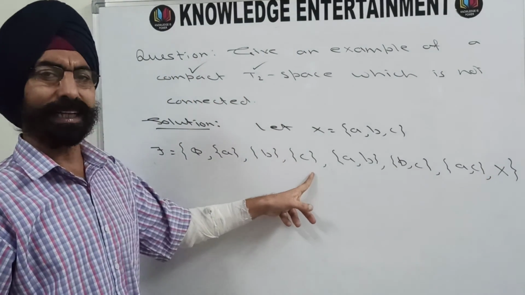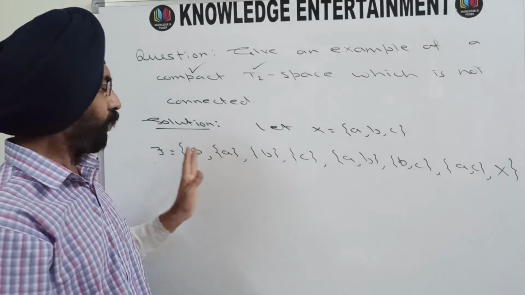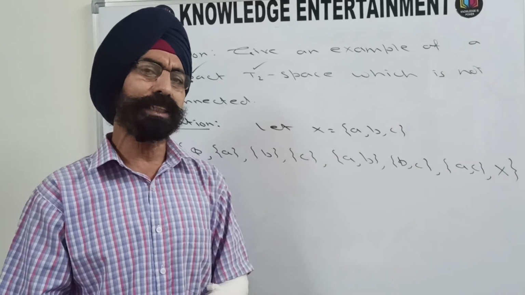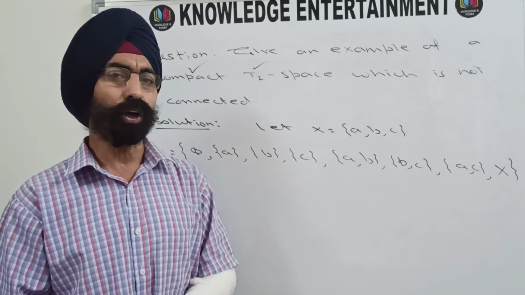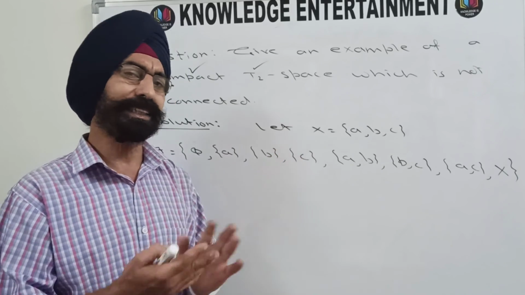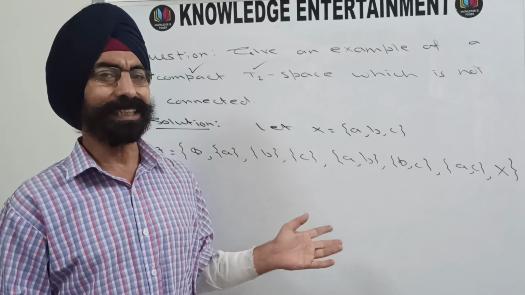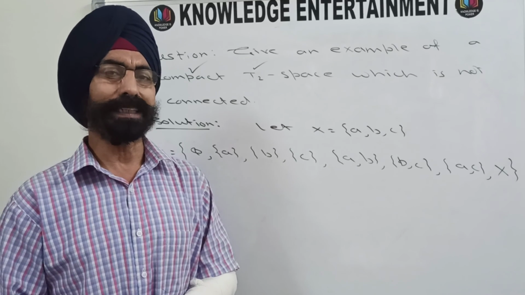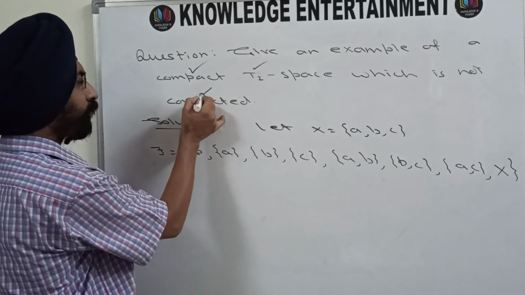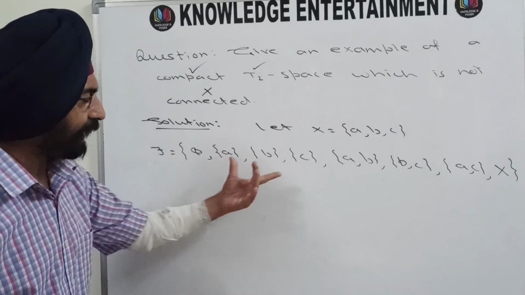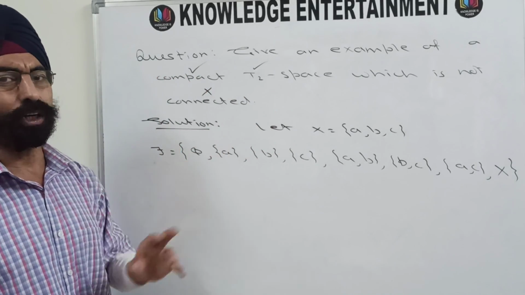This set is open as well as closed because its complement is open, and so on. So all the members of this topology are open as well as closed. That means this topological space is disconnected, it is not connected. So you have shown that it is not connected. So this is the example of a compact T2 space which is not connected.